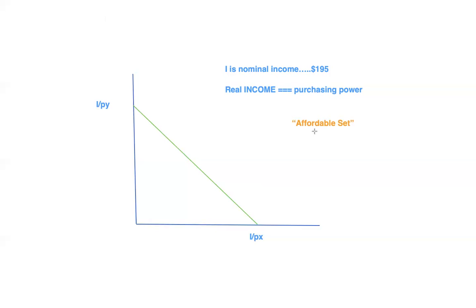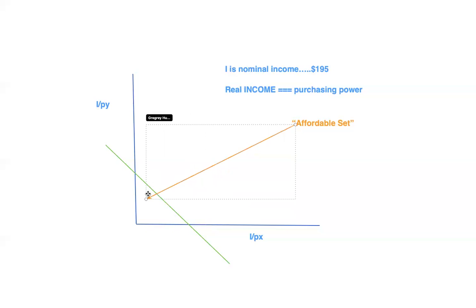And I don't know if you can see my orange arrow. So the affordable set is everything on the consumer's budget line, and then everything below it too. Can you see me moving the arrow around to all these points? Yeah. Right, all of that's affordable. Now, notice if I decrease the consumer's nominal income, the affordable set shrinks. Now it's just these points down here. You see what I mean?